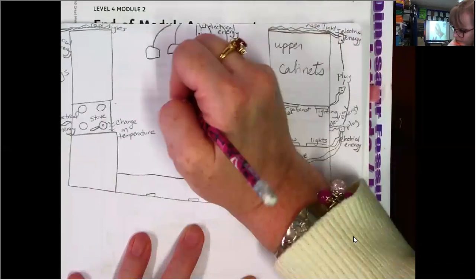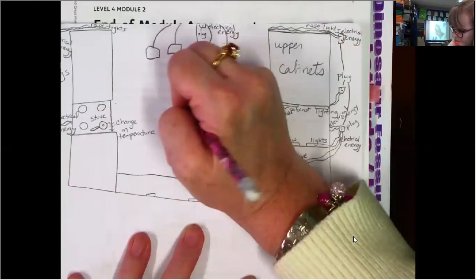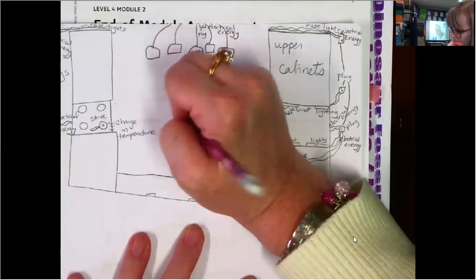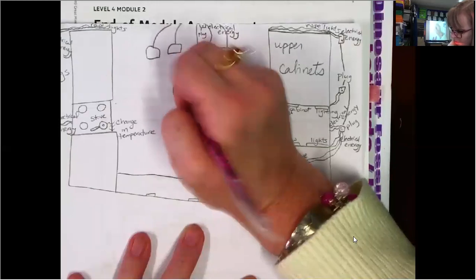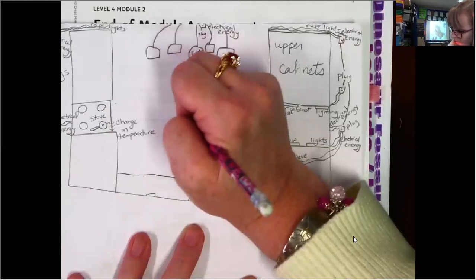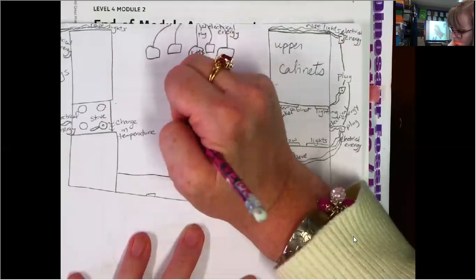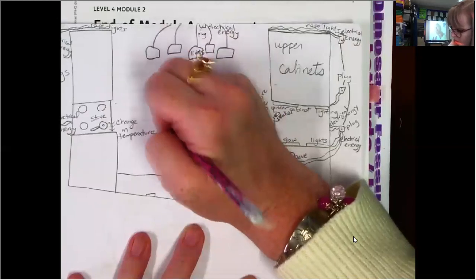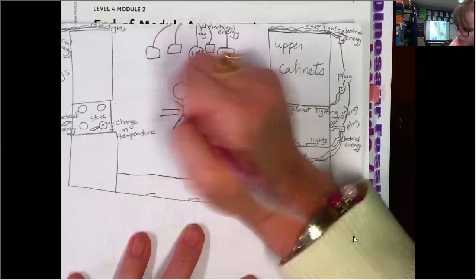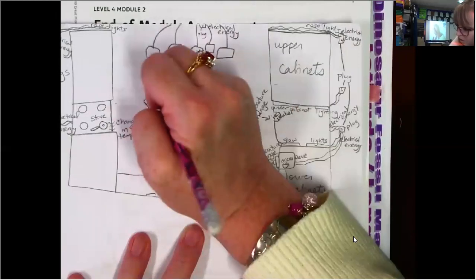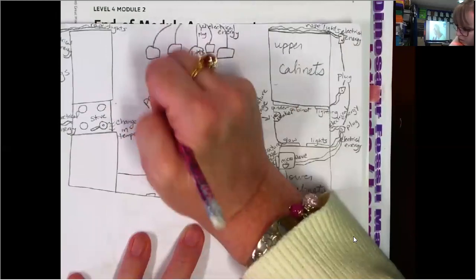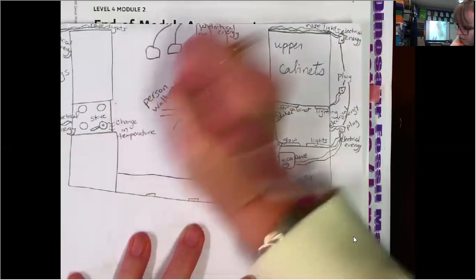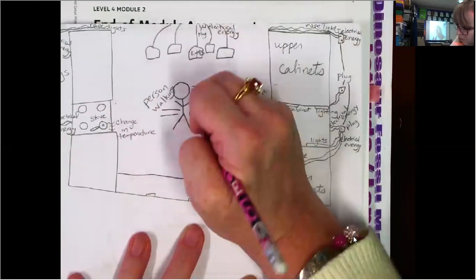Okay. We're going to have the person, kind of long legs, shorter arms, walking. So person walking. Okay, so that's what I'm putting in parentheses.